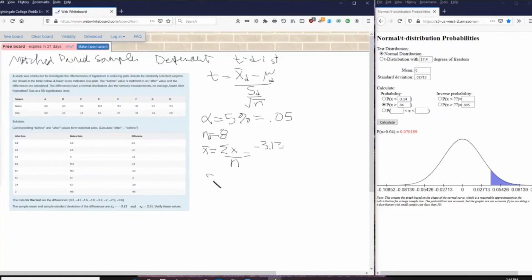And the sample standard deviation, once again from Module 2, is going to be the square root of the summation of our values minus the mean quantity squared, all over the sample size minus 1. And for this set of data, the sample standard deviation is going to be 2.91.